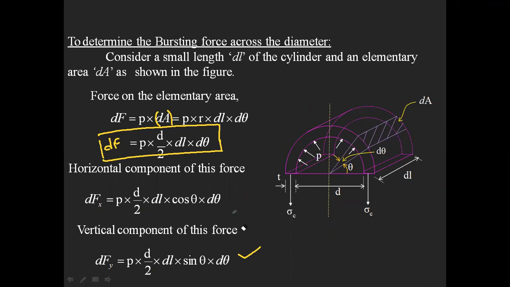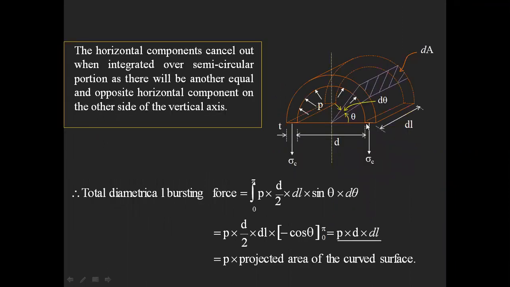When you come to the derivations, it will be something like maths. Now, to get the whole bursting force, the total force, what should I do? I should consider the integration of that particular bursting force. Here, very important, you all need to understand.